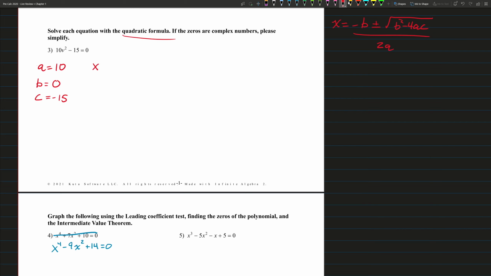So then we get x is equal to negative b, so negative 0, plus or minus the square root of b squared minus 4 times a times c all over 2a, which is 20. And then all we have to do is simplify. Right, so we get x is equal to plus or minus 600.